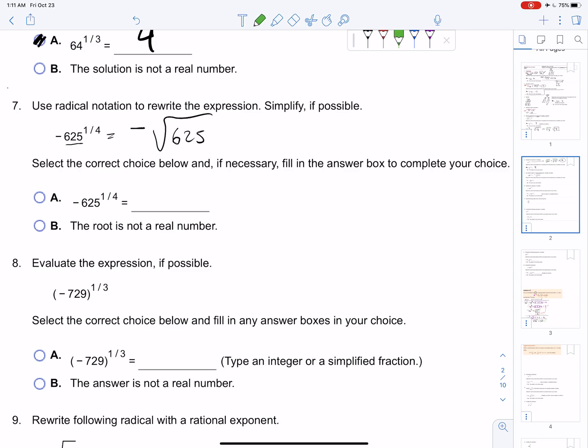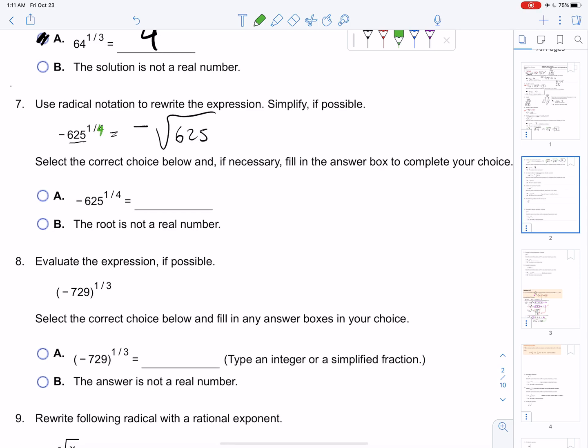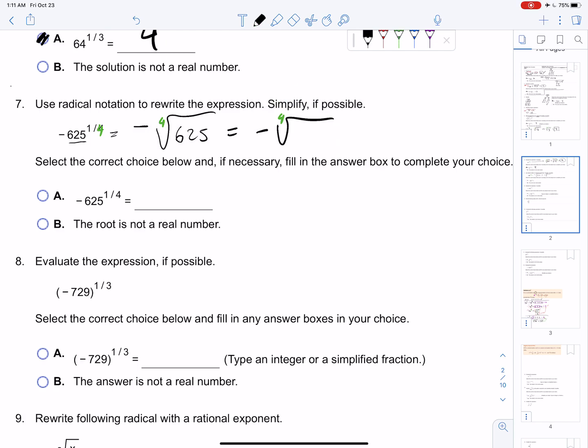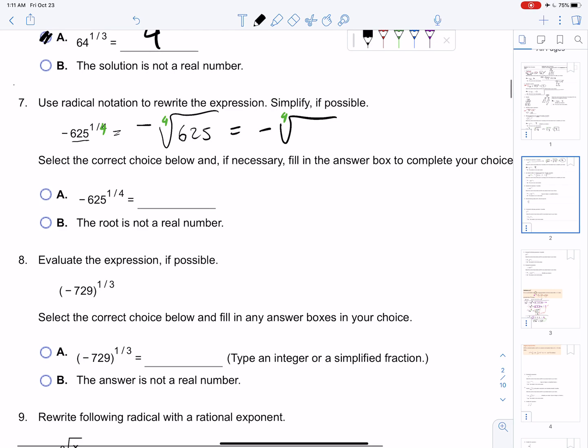Now we take a look. The denominator of the fraction was 4, so our index is 4. Once again, the negative is on the outside and it's not affecting inside. Once again, the index is 4.